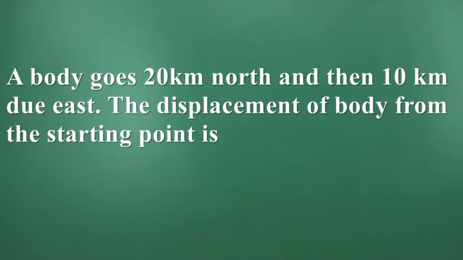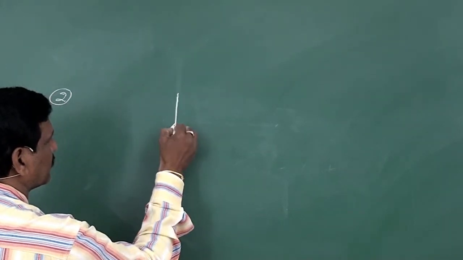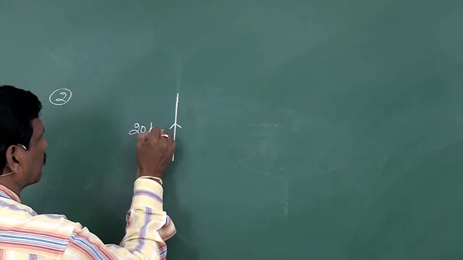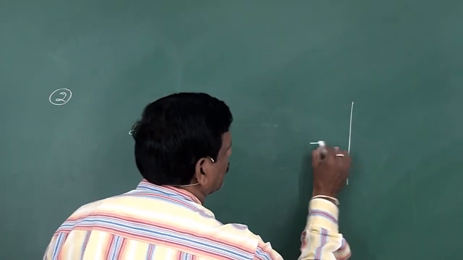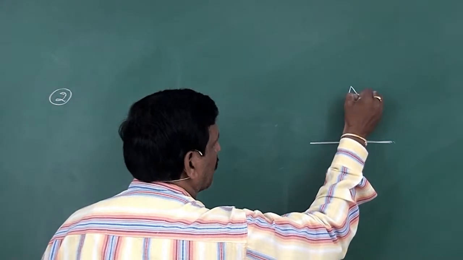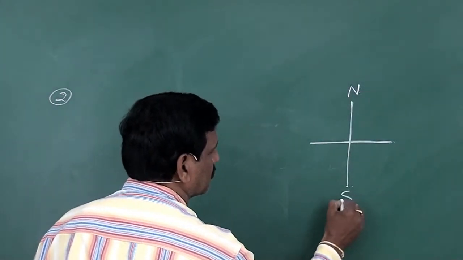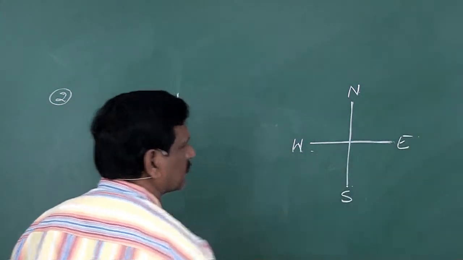So here the body moves northwards like this, 20 km. This is northward, because if you draw the directions of the earth, up is north, down is south, then west and east.